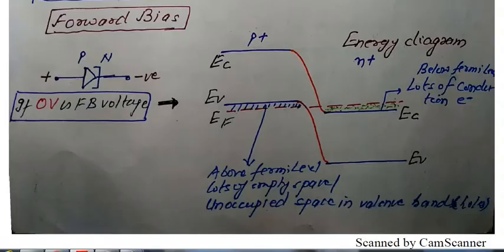Now we can see in this picture, before applying positive voltage V1, we have plenty of electrons available below the Fermi level towards the N plus side and plenty of unoccupied space above the Fermi level towards the P plus side. Now what will happen when we apply the positive V1 voltage?